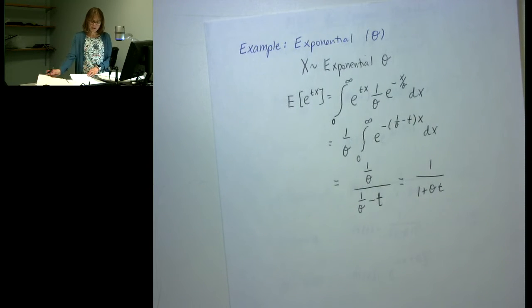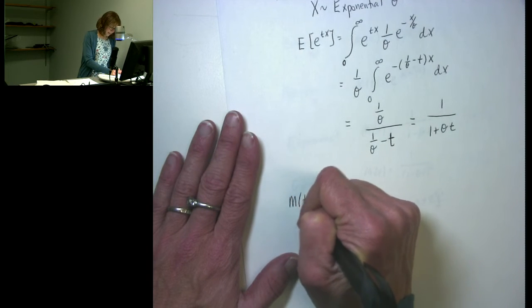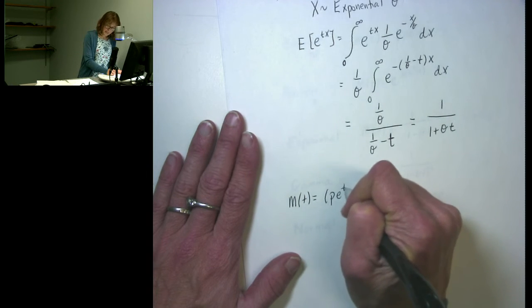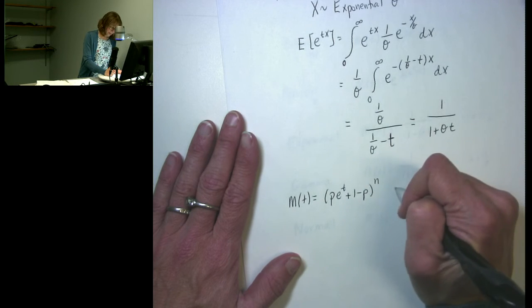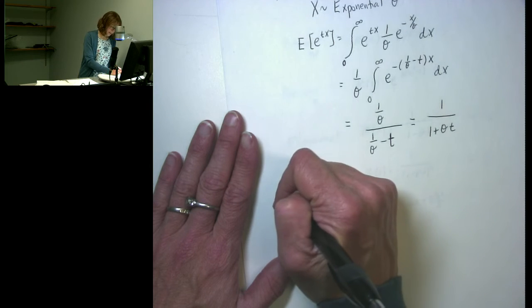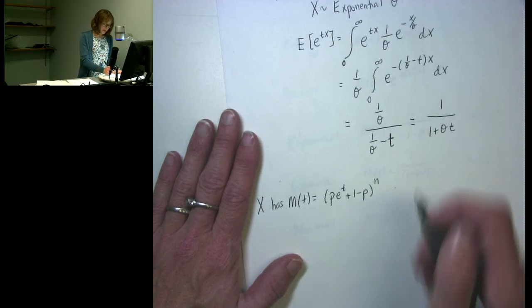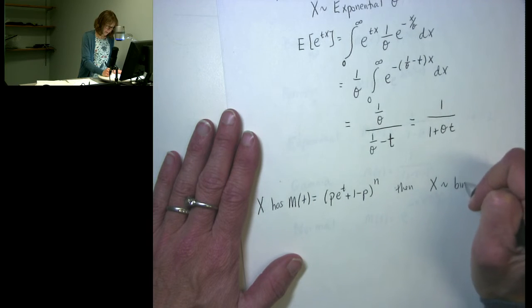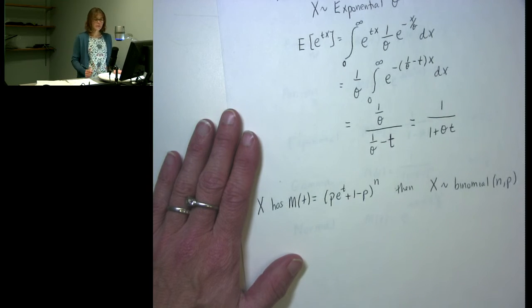So for example, if I know that a binomial distribution has a moment generating function of the form p e to the t plus 1 minus p raised to the nth power, so if x has that moment generating function, then I know that x must be binomial with parameters n and p.